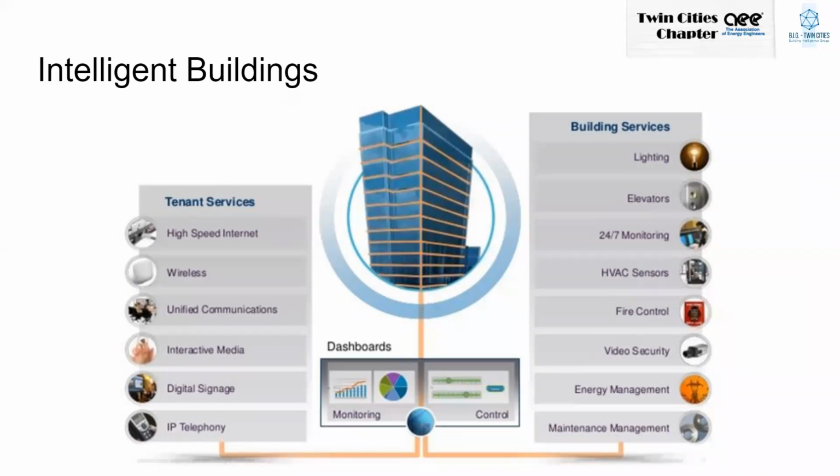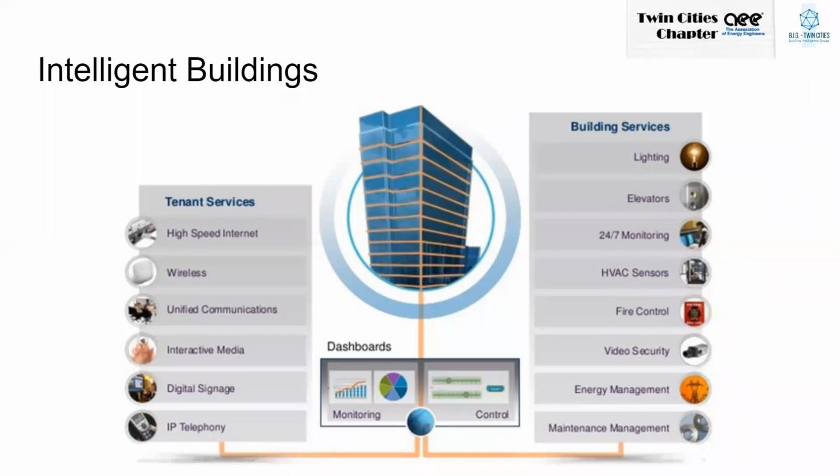But when we talk about intelligent buildings, we're looking at using sensors and control technologies that make these buildings smart, connected, and allow for a higher degree of management and automation. And the beauty about intelligent buildings is we can integrate the variety of building systems together to create synergies as they communicate to one another.